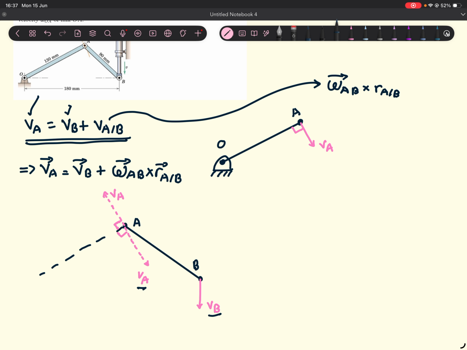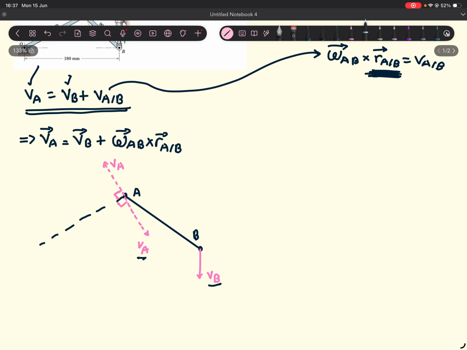You have a cross product of two vectors, and the resultant vector of this, which is VA relative to B, needs to be perpendicular to this position vector RAB. So I'm just going to draw it in over here so that we don't get confused.